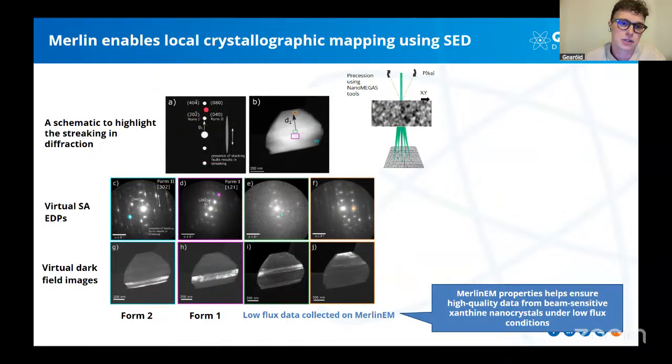You can see a schematic of the intensities in the data. You have here streaking, an elongated reflection, which is characteristic of stacking faults in the nanocrystal. And then in B, we have this virtual Hadouf image.